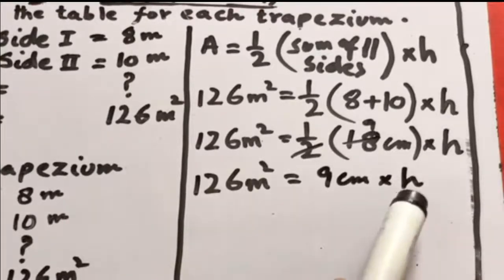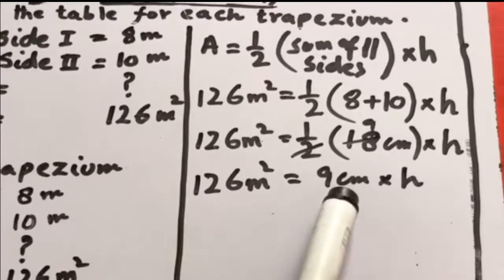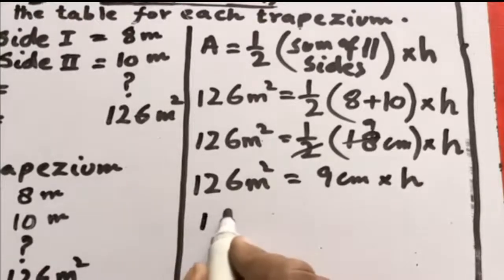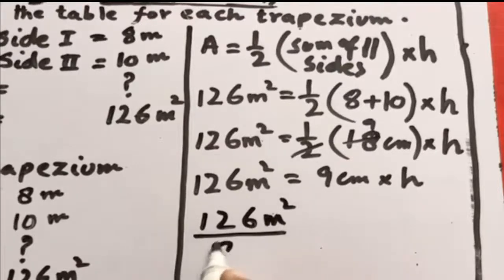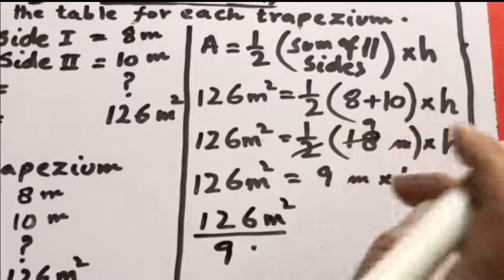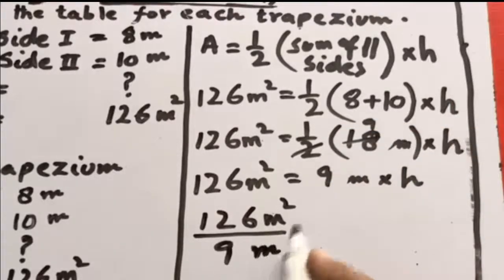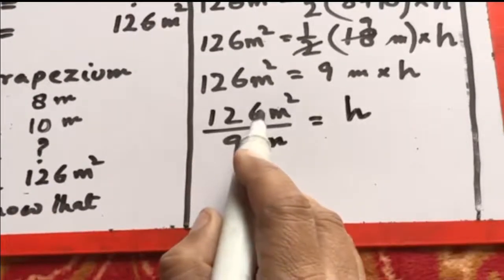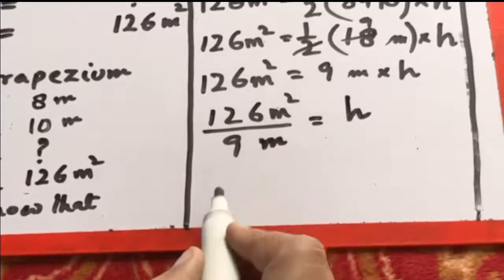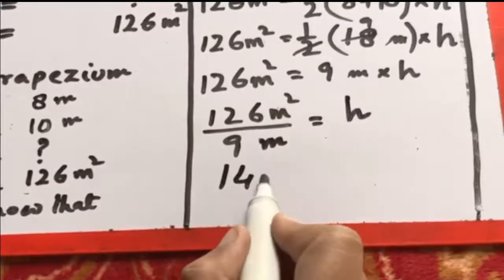We have to find the height of the trapezium, so we isolate the height and shift the 9 meter to the right hand side, so it will divide 126 meter square. If we simplify and divide 126 by 9, we will have 14 meter.